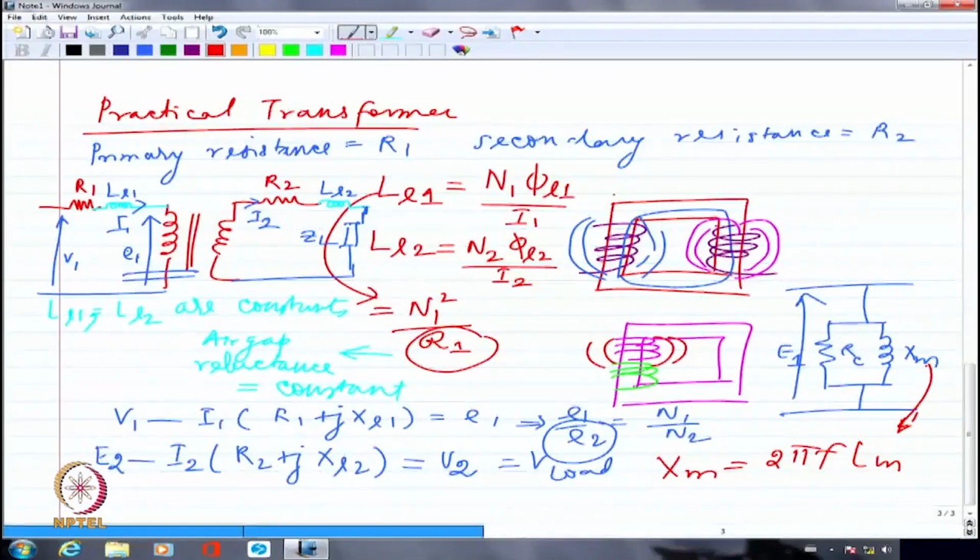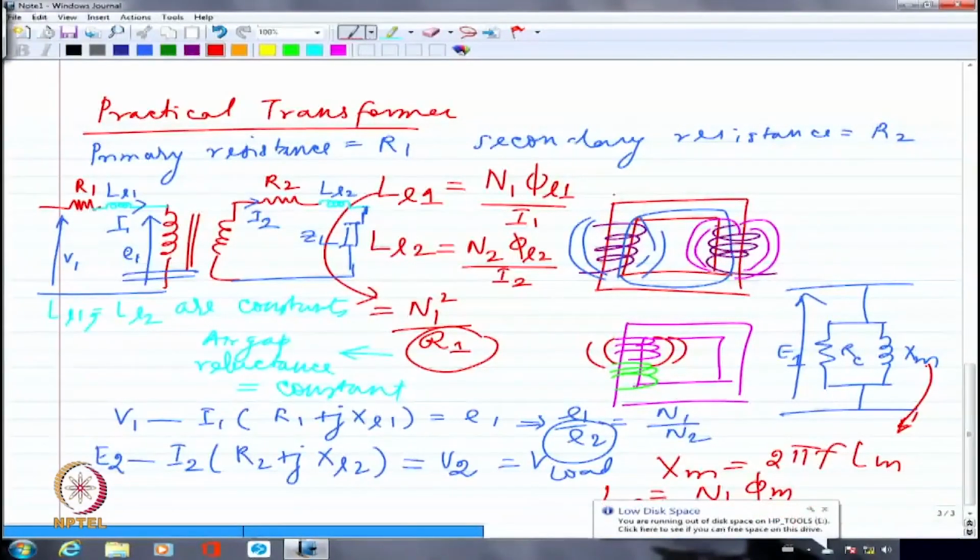I can definitely write this, because this was the original flux established when magnetizing current itself was flowing. It's not after I2 or I1 has come into picture. So I should be able to write this Lm as N1 multiplied by phi m divided by Im, or the magnetizing current.